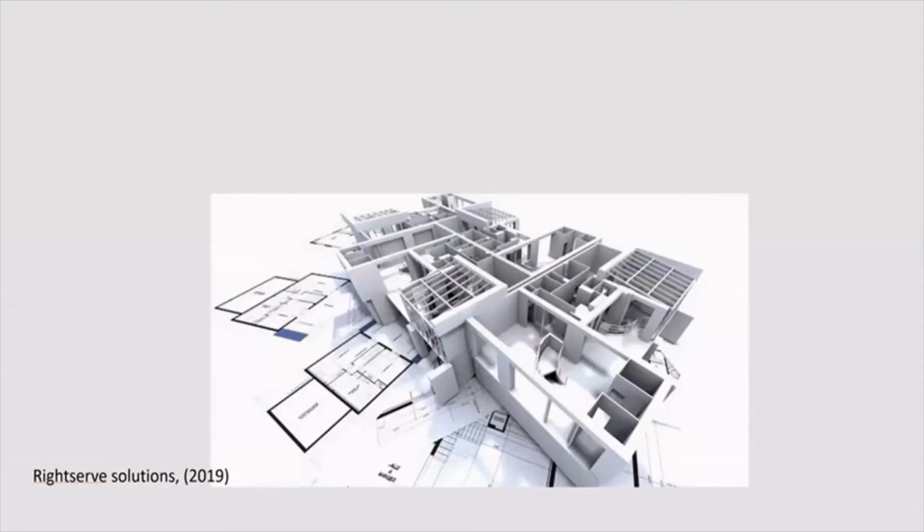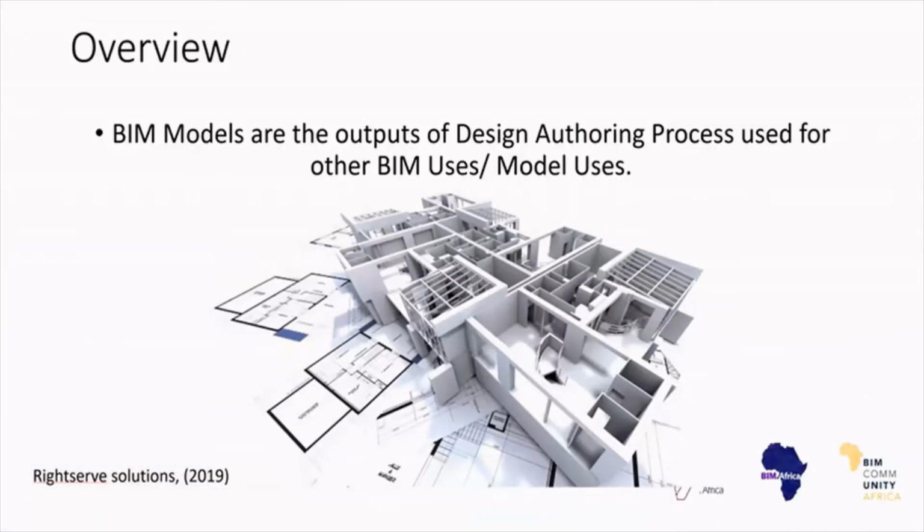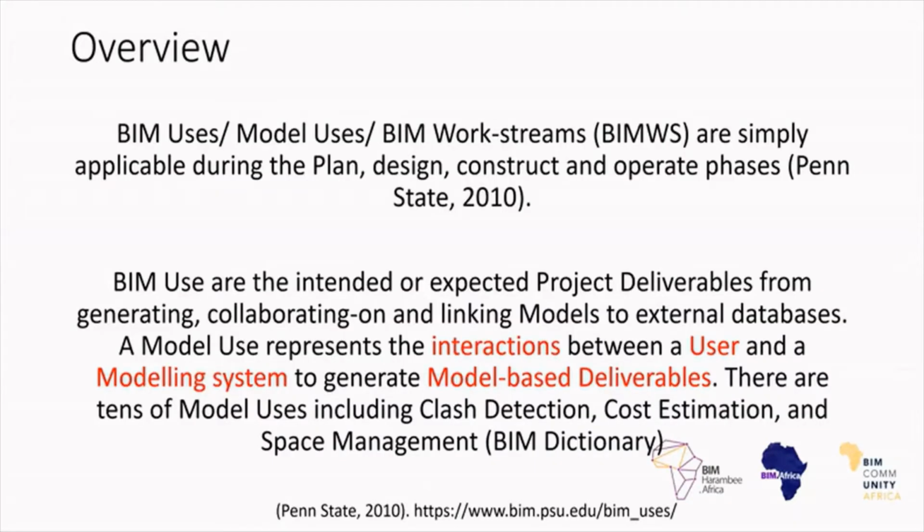So, overview. Basically, the BIM models, where do they come from? They're basically an output of the design authoring process. The design authoring process itself is a BIM use, and these BIM uses are sometimes called model uses, and at the same time they can also be called BIM work streams.